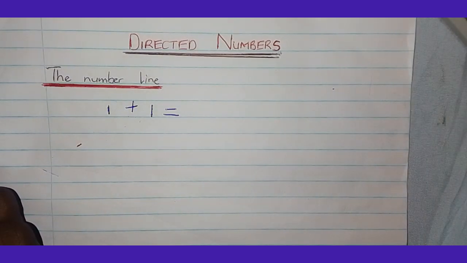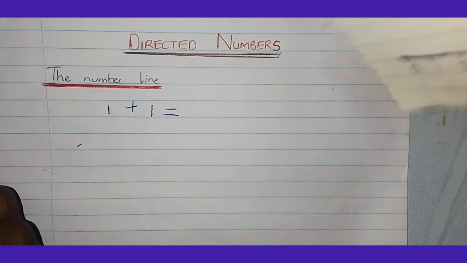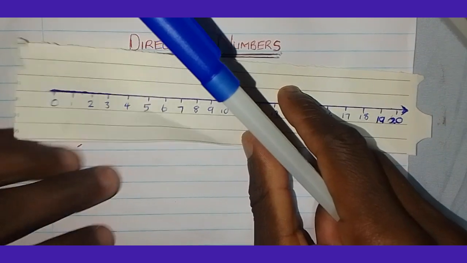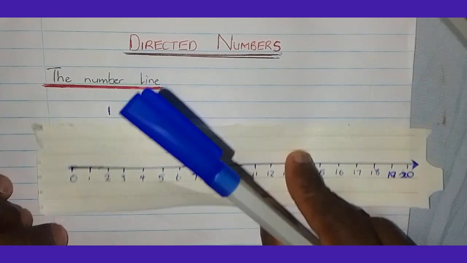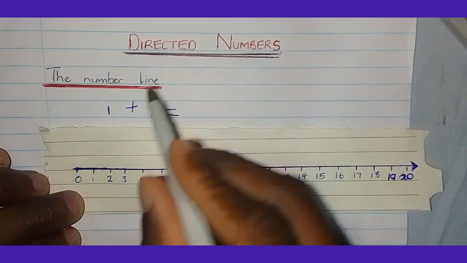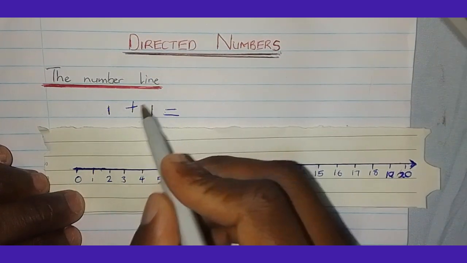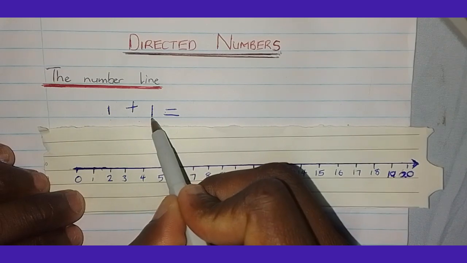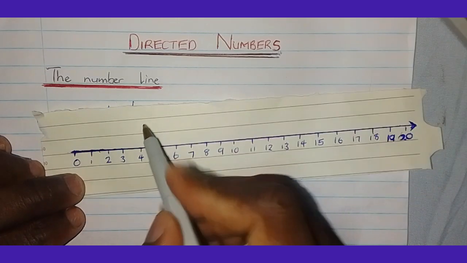Now let's try to work out this question using our number line. Here is our number line, right? It says 1 plus 1, so it means we are going to add 1 to 1, right? I hope we are together, guys.